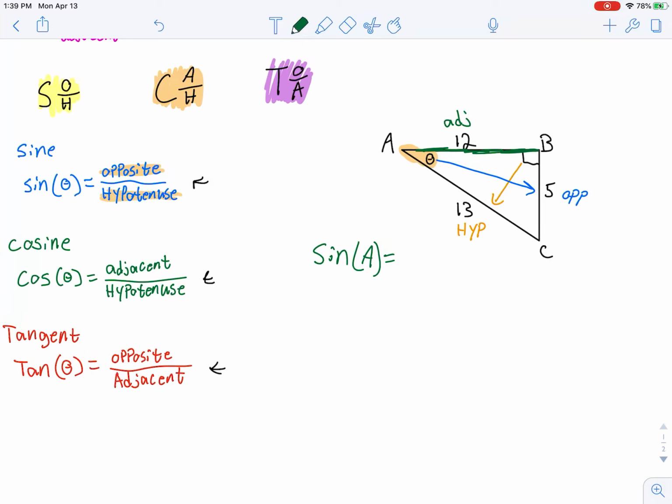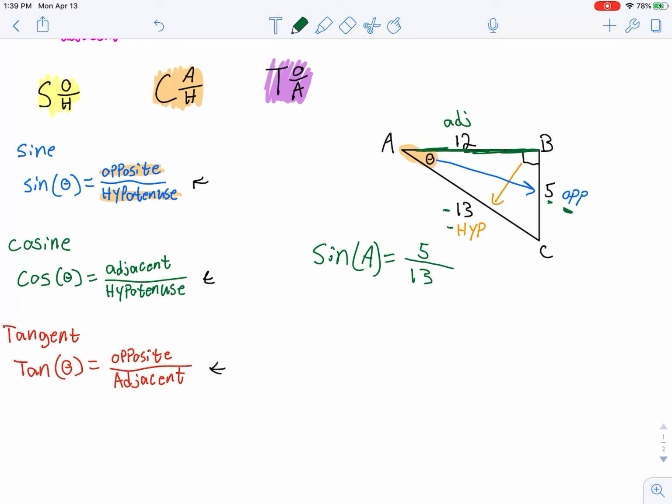Okay, and the order matters of how I write this. So my opposite side is on the top of the fraction. So what number is going to go on the top? Well, I labeled the 5 opposite, so the 5 is going to go on top. All right, and hypotenuse is on the bottom, so I labeled my 13, my hypotenuse, so the 13 is going to go down on the bottom. Boom, that's it, I'm done.